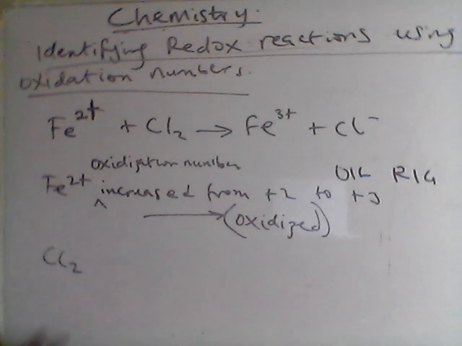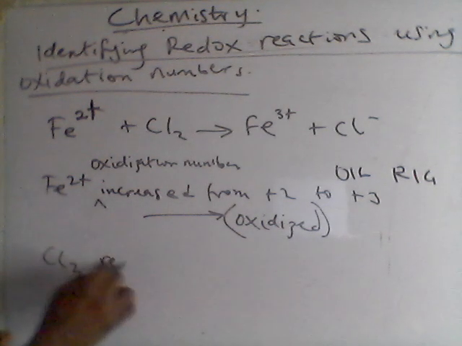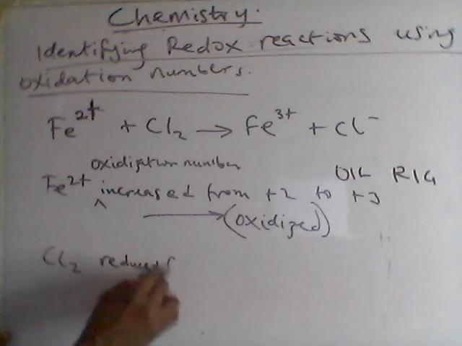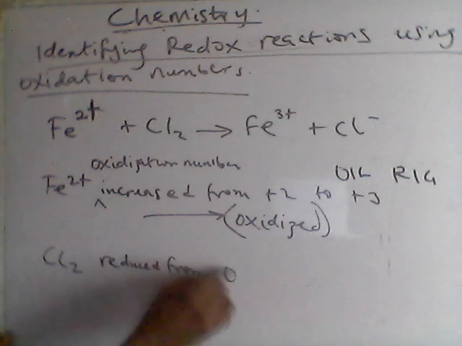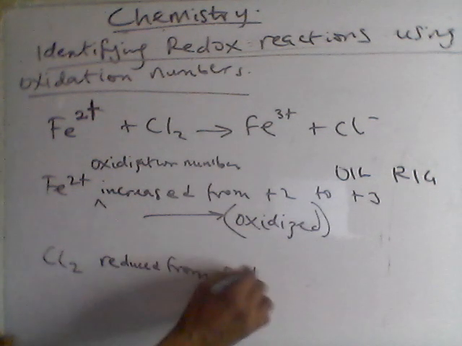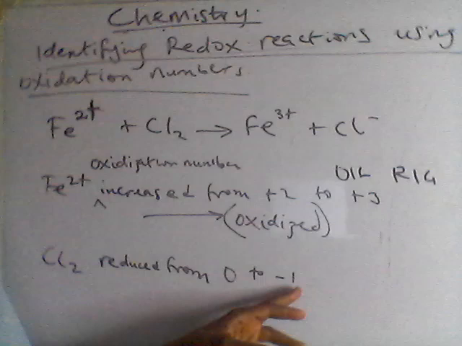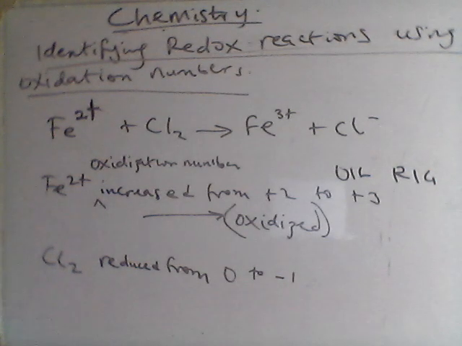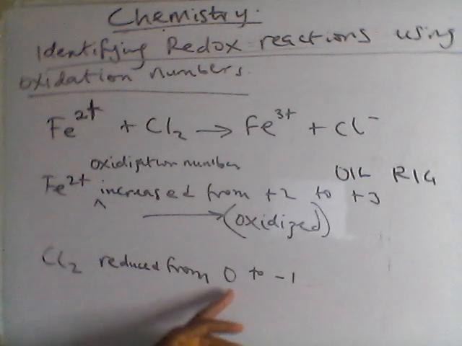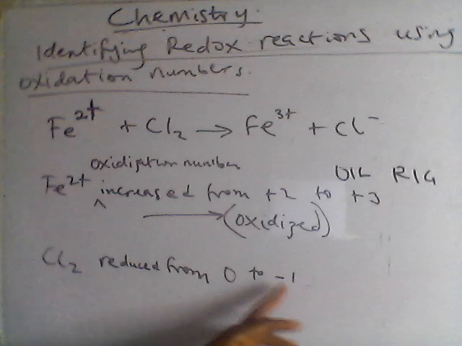Now the next one, chlorine. Chlorine reduced from 0 to -1. You know your number scale now. This 0 is bigger than -1. Don't think that because 1 comes after 0, it is bigger.